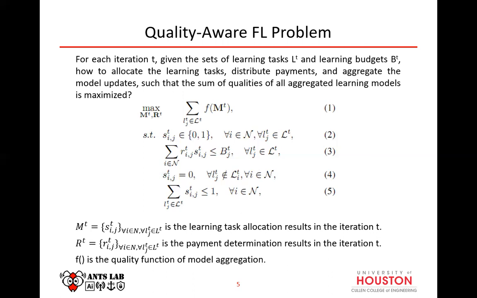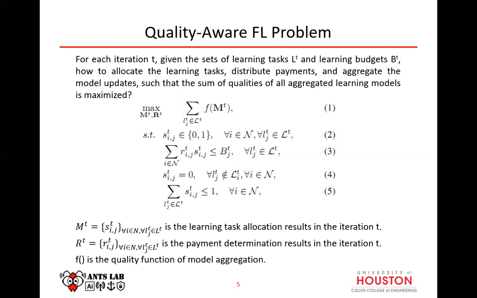Okay. Oh, by the way, I also have another question. What do you mean by quality-aware fair learning problem here? It seems like you try to maximize something like the social welfare, right? So you maximize the sum of the quality of all the learning tasks. In the following, they will give the definition of the quality. It is not the social welfare.